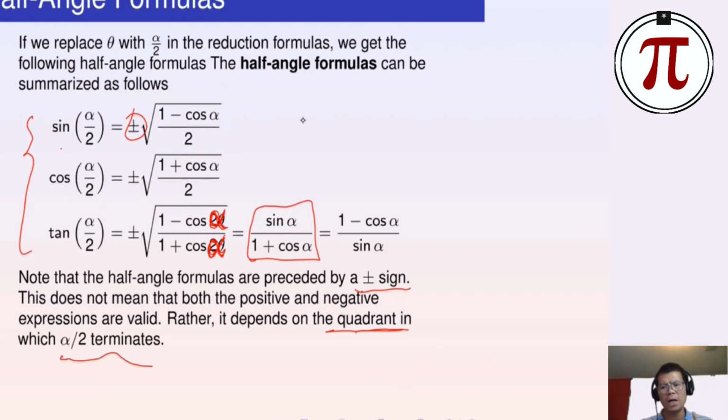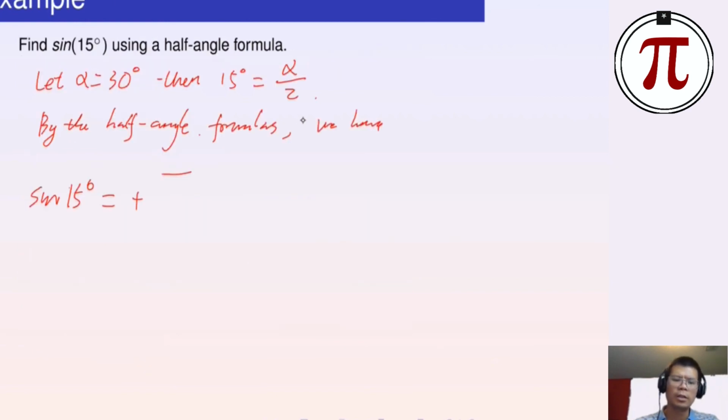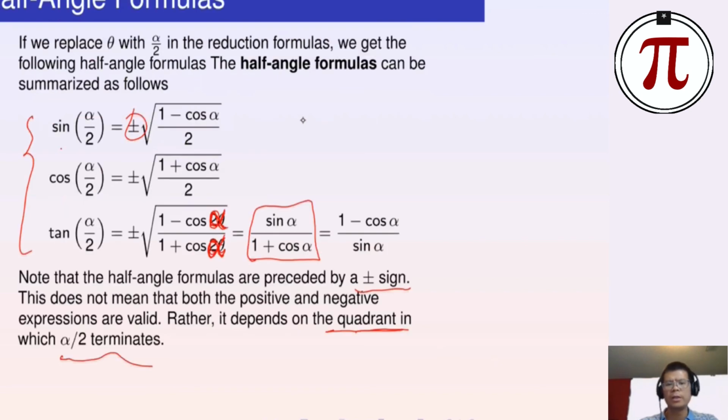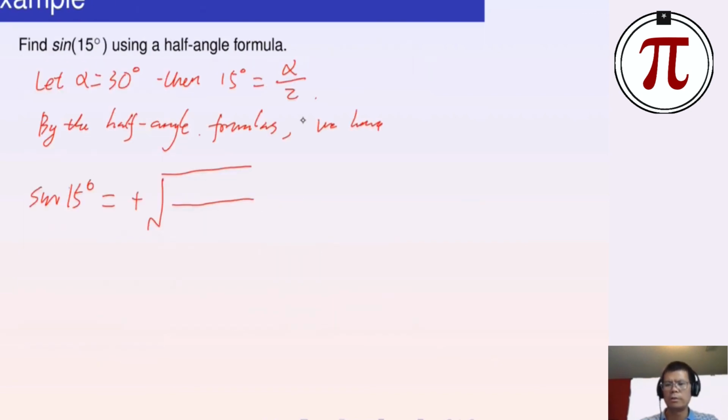So we just use the positive square root. By the formula, it is the square root of 1 minus cosine alpha over 2, so 1 minus cosine 30 degrees, over 2.